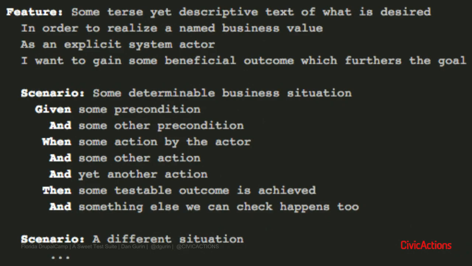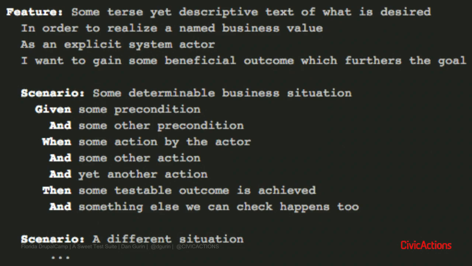So if you went to Angie's talk this morning, you saw this screen. This is kind of the basics of how a Behat test should look. The feature is like a high-level type of user story. Scenarios are a collection of steps that would be similar to what you would take if you were doing manual testing, but this is automated.